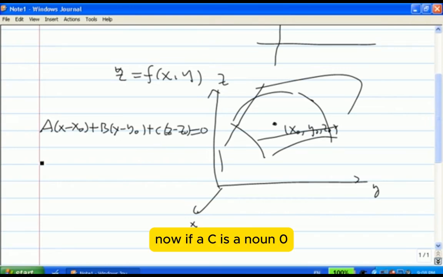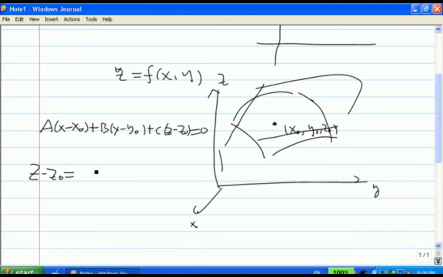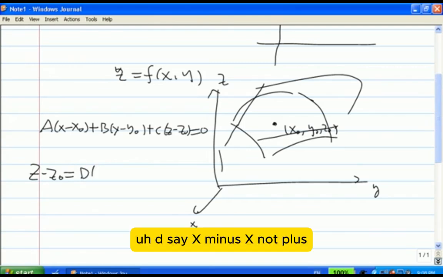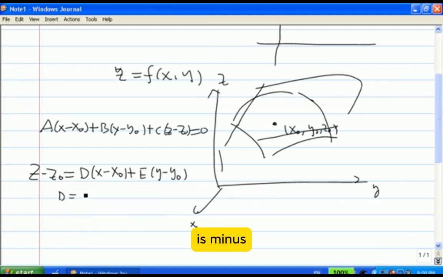Now, if c is non-zero, we can solve for z minus z0 equal to d times (x minus x0) plus e times (y minus y0). My d here, you can think of as minus a over c. Similarly, you can find e.